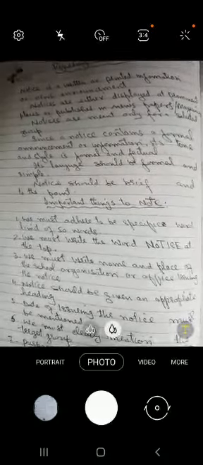When we start writing, we must write the word notice at the top of the page first. Then, second step, we must write the name and place of the school, organization, or office issuing the notice.